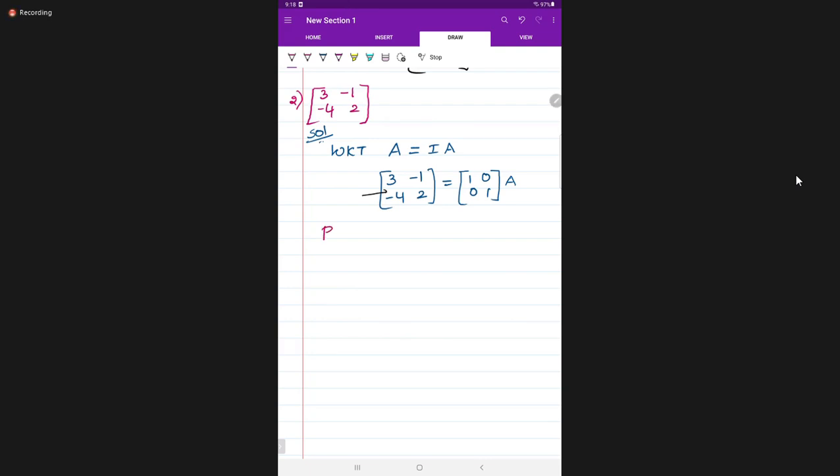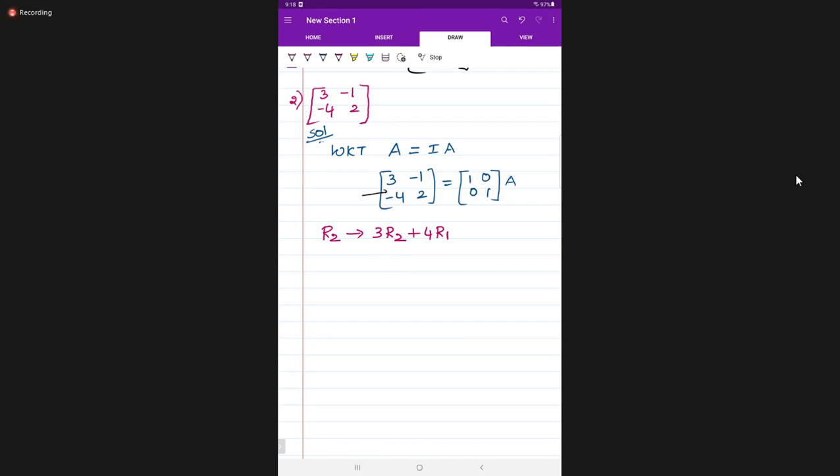So R2 implies 3R2 plus 4R1. 3R2: 3 into -4 is -12. Plus 4 into 3 is 12. Any doubt, students? Now tell me the answer. 0.